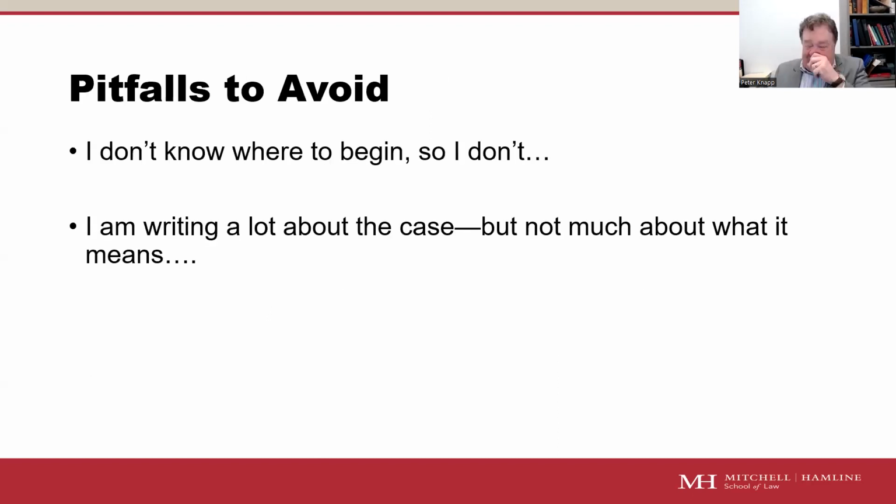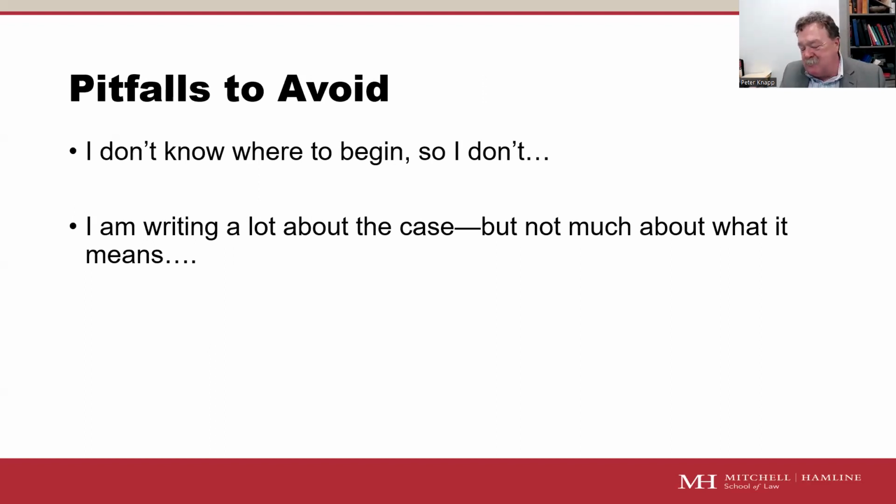The second thing I think that causes problems for people and leads to weaker case notes than they would hope for is they write a lot about the case. Yeah, my description is great. Boy, I've written pages about the legal history that leads up to this opinion.